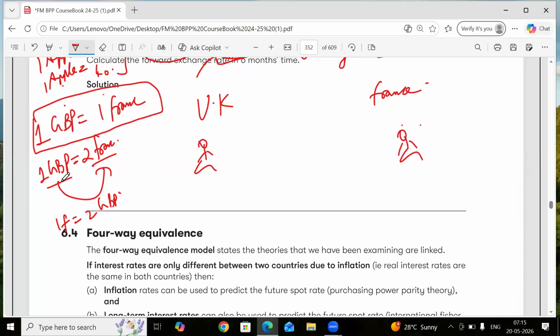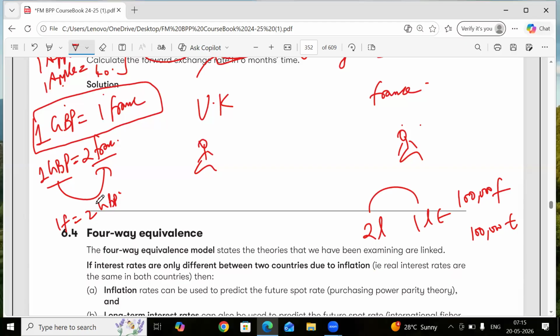If 1 GBP is 1 franc, and if 1 GBP goes to 2 francs, the French guy has to pay 2 francs to buy one pound. If he wants to do an investment of 100,000 francs, today it is equal to 100,000 pounds. But in future, he has to pay 2 lakh francs for 1 lakh pounds. It's a risk for him.